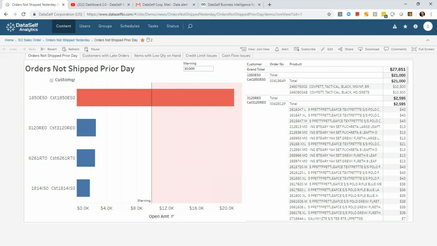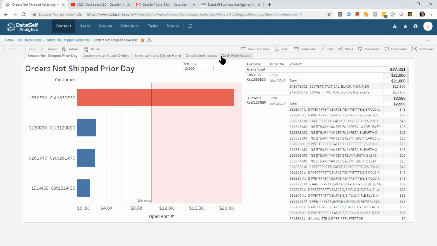And again, these alerts can be done for anything: orders not shipped, customers with late orders, items with low quantity on hand, credit limit issues, cash flow issues, whatever it is. People can create these alerts to be only notified when a condition is met. Now, I showed you a handful or so of these out-of-the-box reports and dashboards that will be ready on day one.